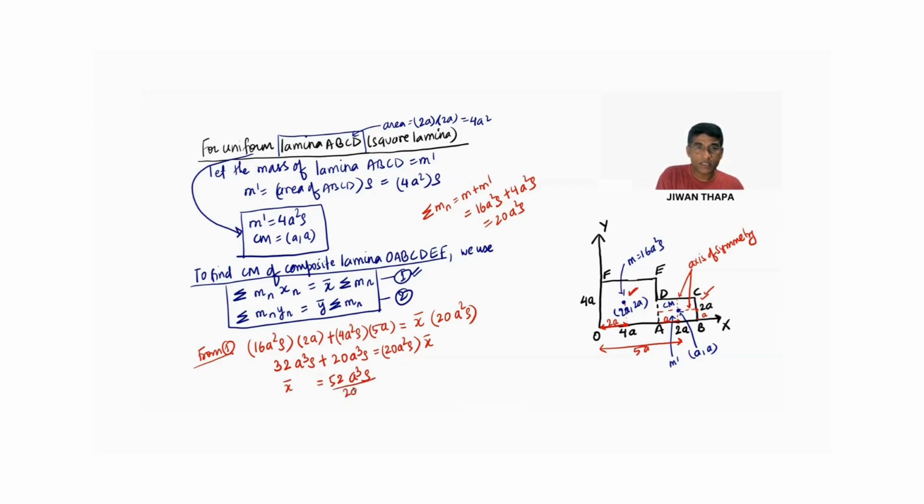So on simplification, we have this. This cancels out, this also cancels out. So we have 52a by 20, and we can simplify it further. We have 4 times 5 equals 20 and 4 times 13.